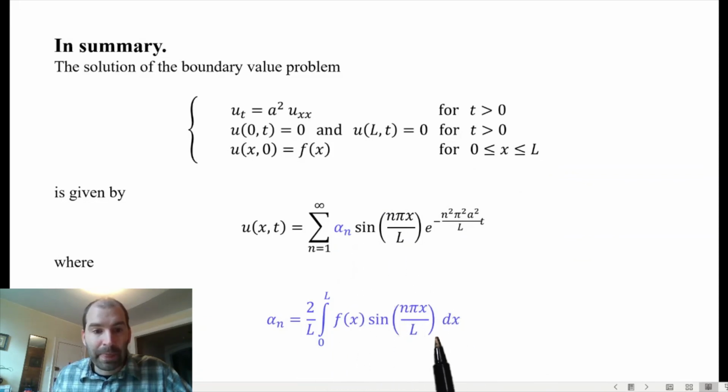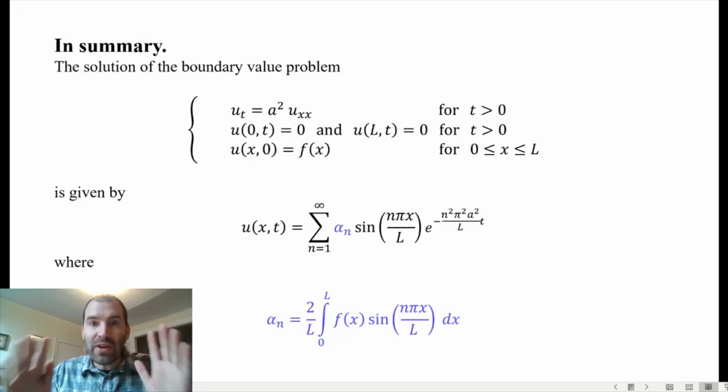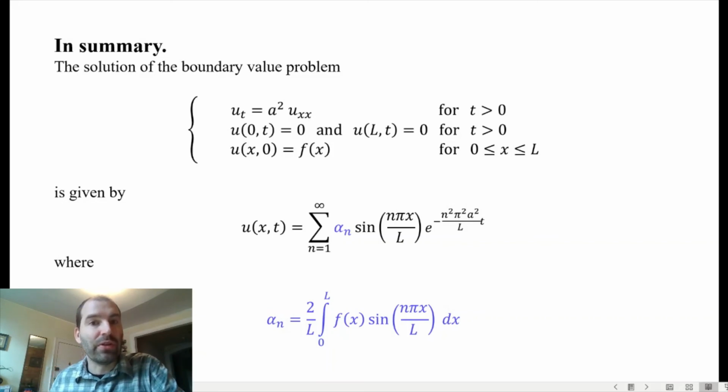But the steps that we went through in this video generally play out the same way. So I think what's in this video is sufficient for you to go through and make those adjustments on your own. You should see where things will change and how to change them. Okay, so that is it. Solving the heat equation using Fourier series.